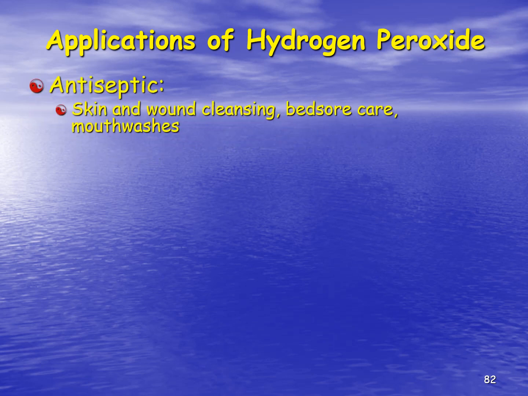Hydrogen peroxide can be used as an antiseptic in skin and wound cleaning, bedsore care, even in mouthwashes. However, I will mention hydrogen peroxide actually slows healing. So I only use hydrogen peroxide as an antiseptic if I'm cleaning out a very dirty wound, one that's got a lot of debris in it.